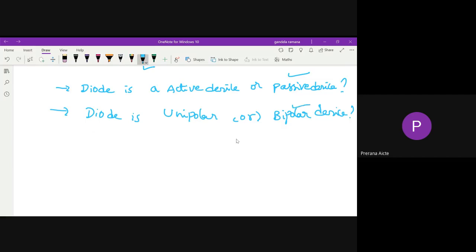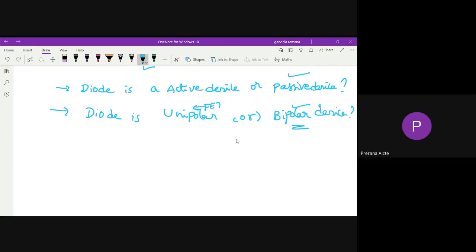Bipolar means current conduction is due to two types of charge carriers. Unipolar, like FET, has current conduction due to only majority carriers. That's why FET is a unipolar device, and the diode is a bipolar device.